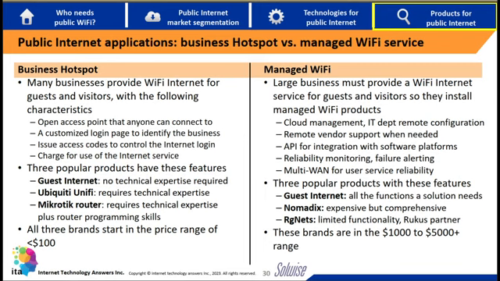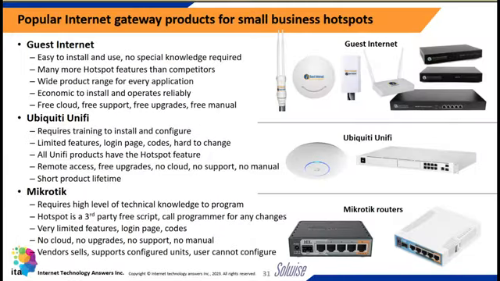And then there are three popular products in this segment: Guest Internet, Nomadix, and RG Nets. And once again, the business hotspots start at less than $100. The managed Wi-Fi is in the range of $1,000 to $5,000.